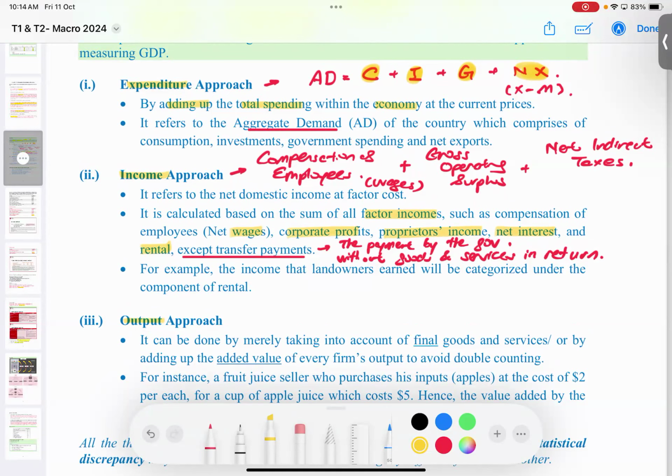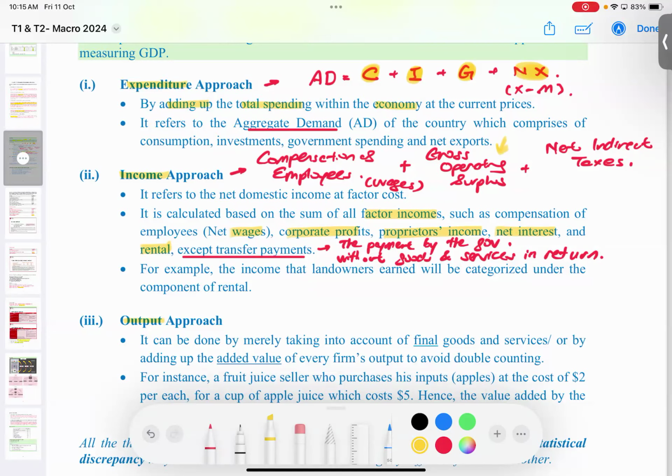First of all, what is gross operating surplus? Gross operating surplus is basically the profits of businesses, profits from incorporated and unincorporated businesses, for example profits from the business, profits from the sole trader, profits from partnerships.